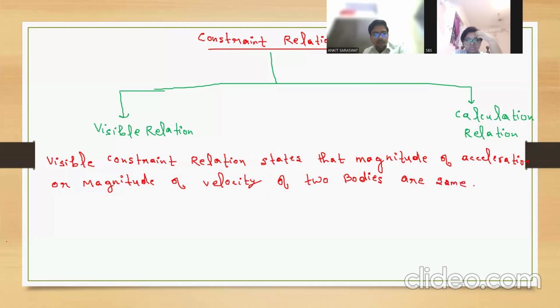There are three conditions. First condition, write down: both bodies are connected by the same string.